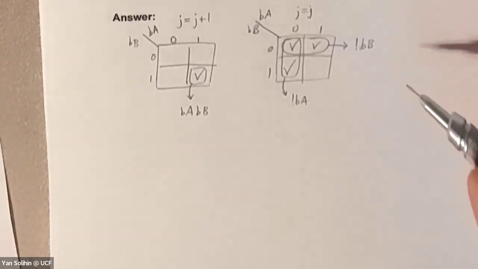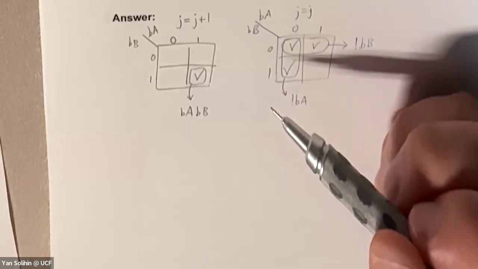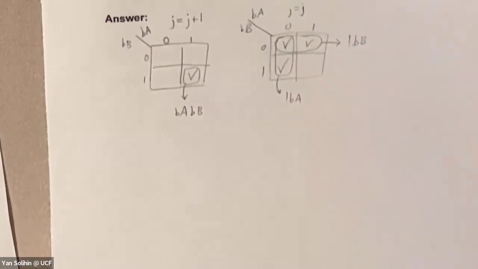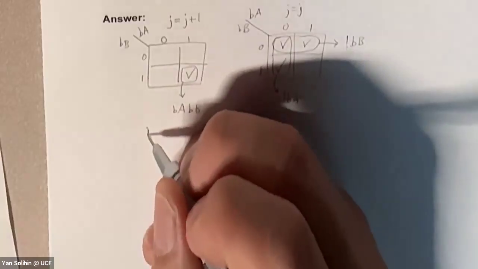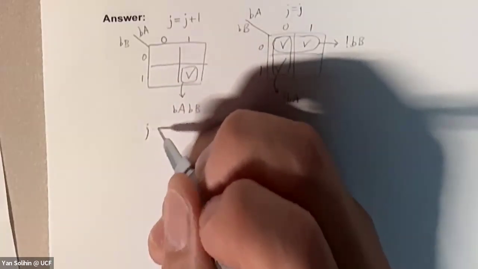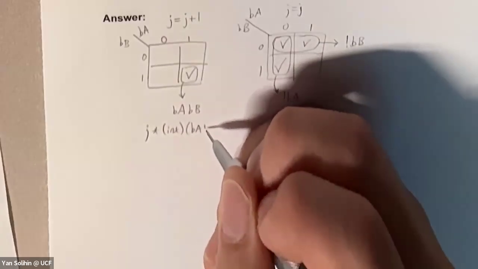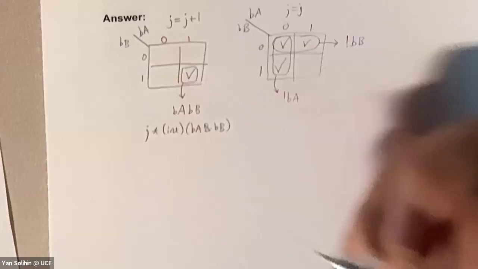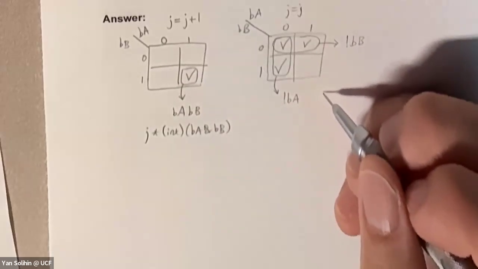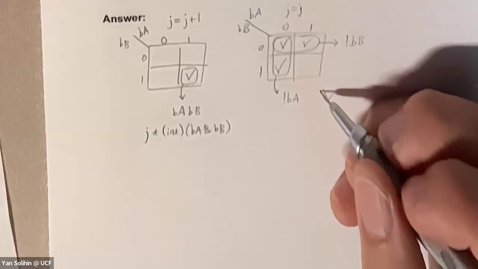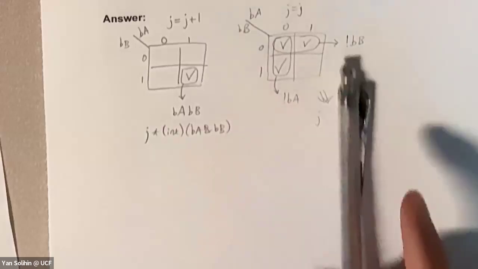All right. So the final thing is to create the sub-expression and then add them together. The sub-expression for this one will be J times the integer of BA and BB. And the sub-expression for this one is, sorry, I think I made a mistake.